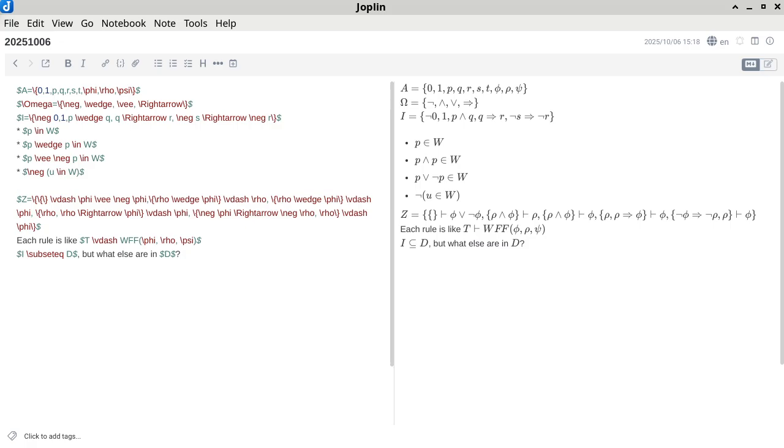U by itself, seen as an expression, is not an element of W because W represents the set of all well-formed formulae. U by itself is not well-formed because U is not in alpha to begin with.